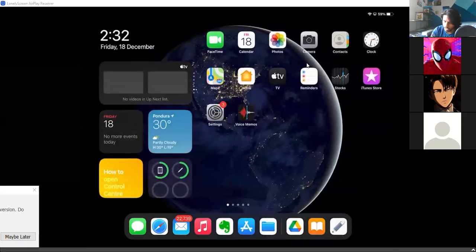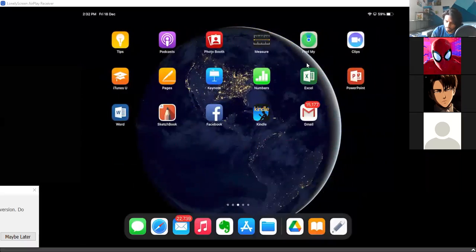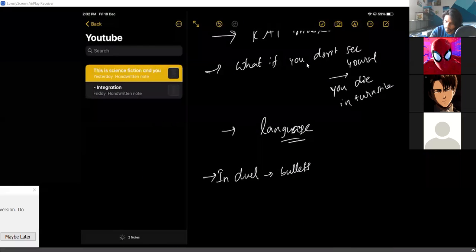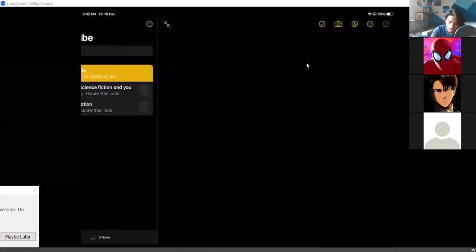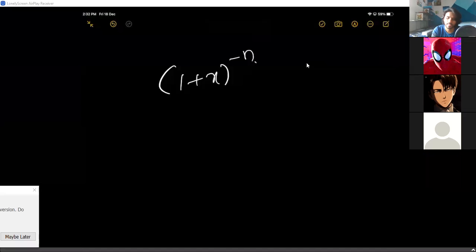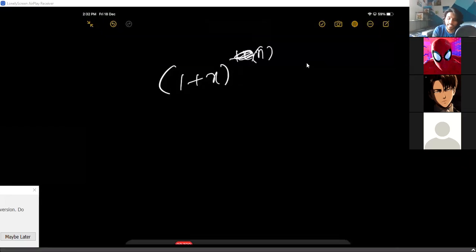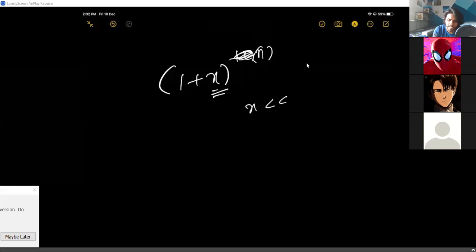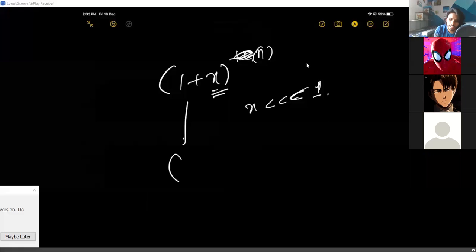Not here. Let me take it on a different board. A small subtopic. Whenever I have 1 plus x power minus n, or plus n, it doesn't matter, any number, and x is very, very small compared to 1, I can write this as 1 plus nx.